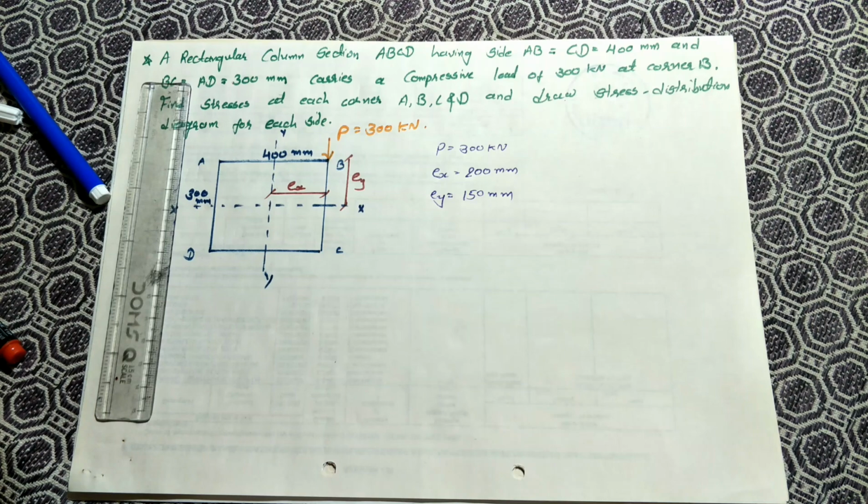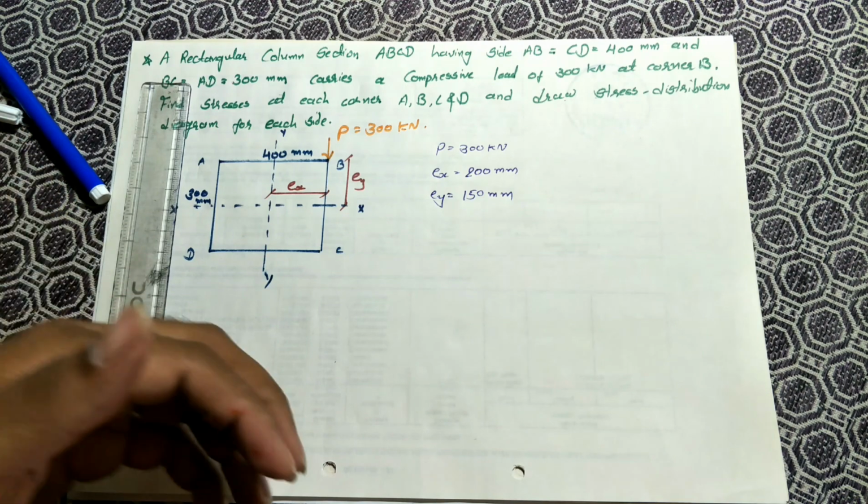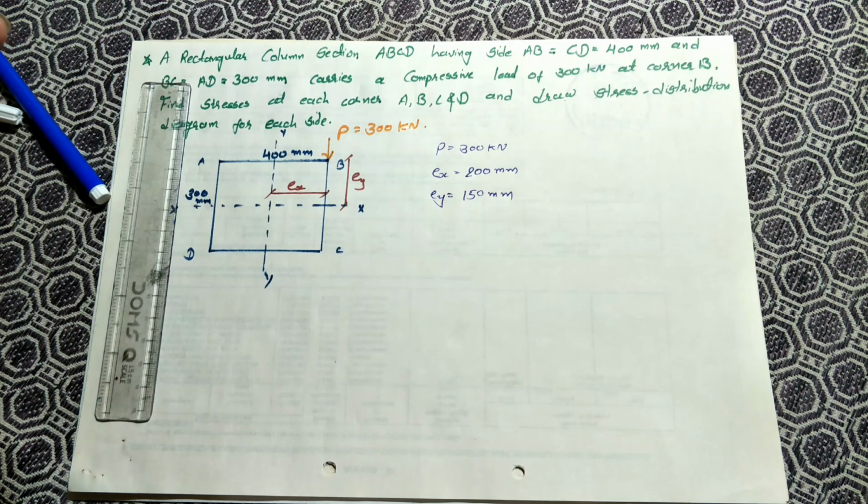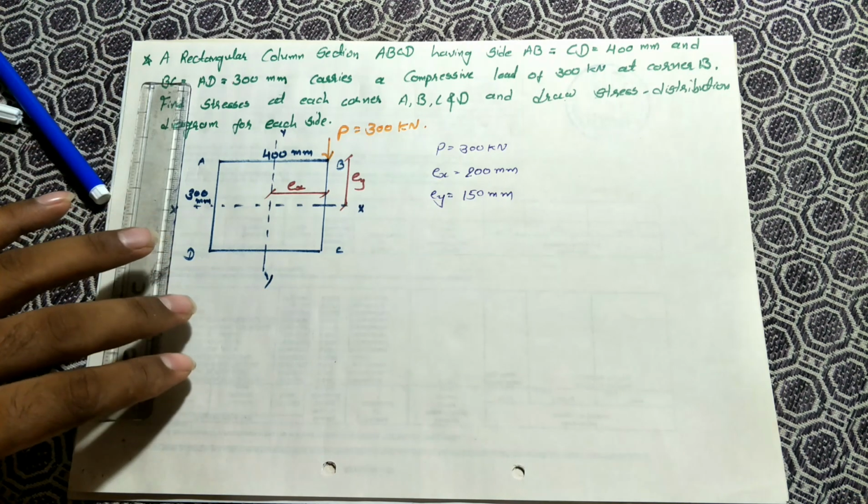Because a column will fail in bending, or you can say buckling. It is not always that your load acts at the center only. Sometimes an extra load will act not at the center but at any other point of your column, and then there are chances of bending in the column.